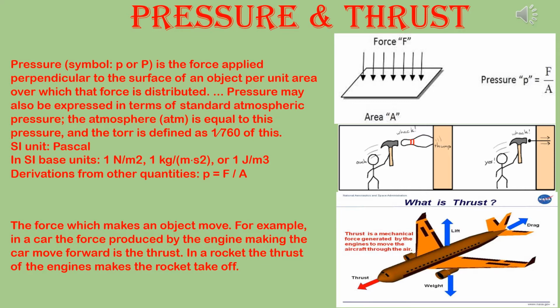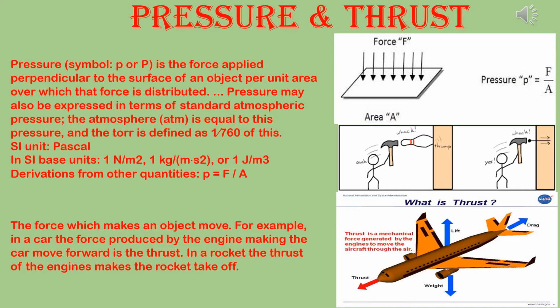So, the pressure at a point due to a fluid is the normal force exerted by the fluid on unit area containing the point. So, pressure, symbol small p or capital P, is the force applied perpendicular to the surface of an object per unit area over which that force is distributed.